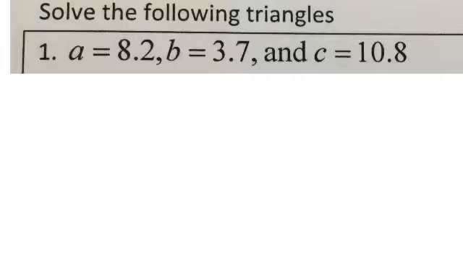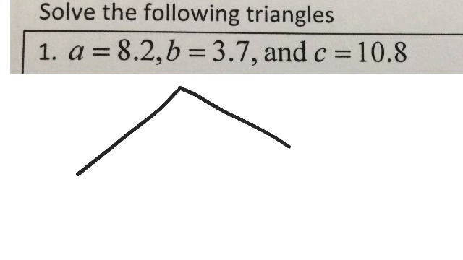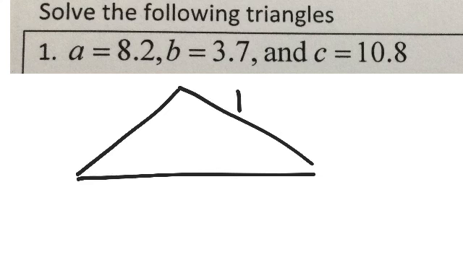Okay, so if I look at this one, it tells me to solve the following triangles. So number one, I know the three sides. So this is going to be the side case. So we're going to start by finding the largest angle first. So when I set this triangle up, I'm going to call this the largest side 10.8.